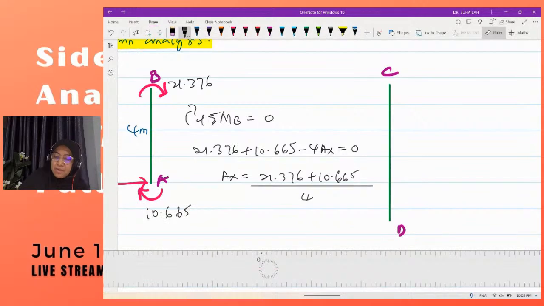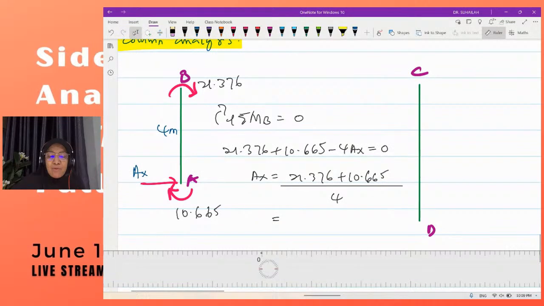What is Ax? 21.376 MBA and 10.665 MAB, both positive, minus 4 Ax.